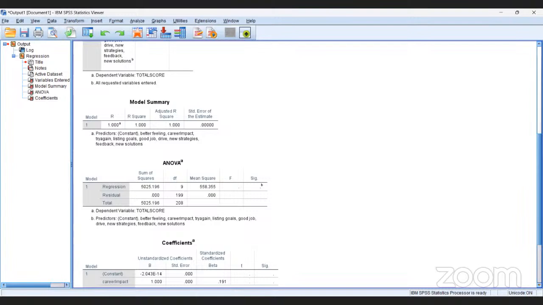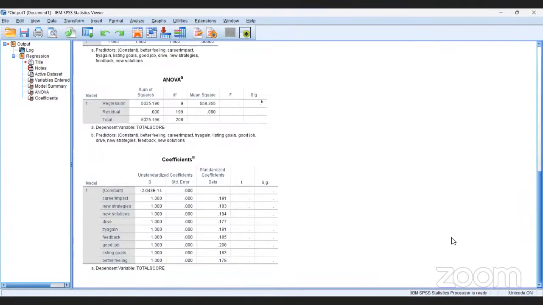So this is the R square, very high. All requested variables are entered, R square very high. So we can think about the very high R square.